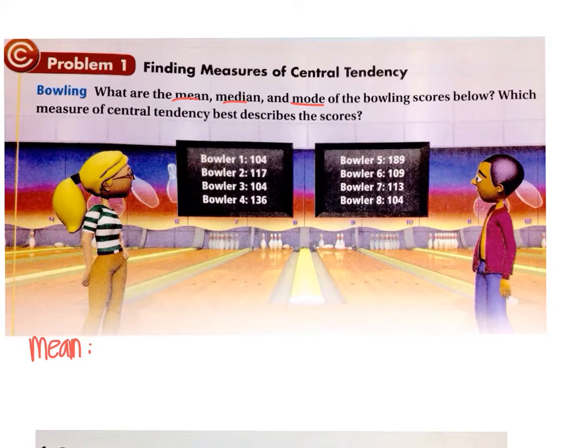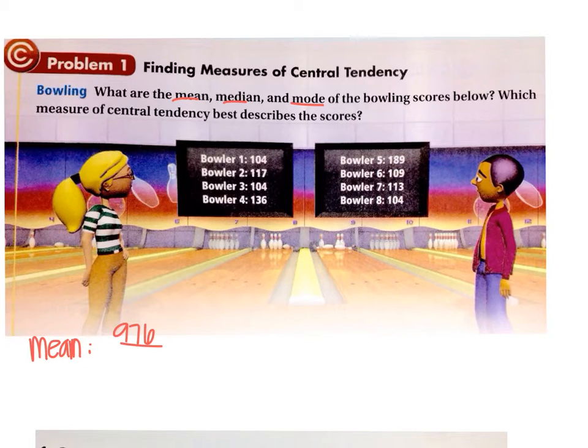So if I add them all together, let's do 104 plus 117 plus 104 plus 136 plus 189 plus 109 plus 113 plus 104. And I get 976.